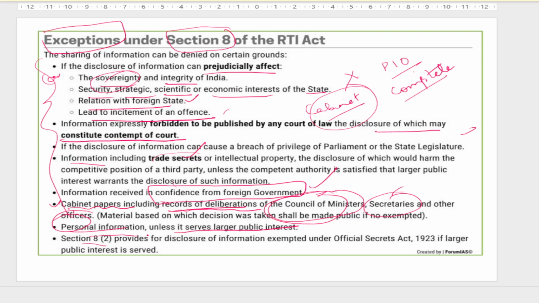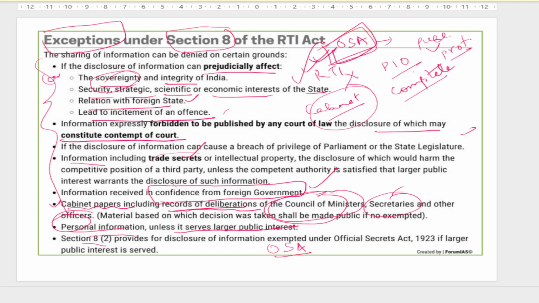Also, Section 8 subclause 2 talks about information forbidden to be disclosed under the Official Secrets Act. The Official Secrets Act says that certain information cannot be disclosed in the public domain. But if the public interest outweighs any harm to protected interests, then even information forbidden from disclosure under the Official Secrets Act can be disclosed under the RTI Act.